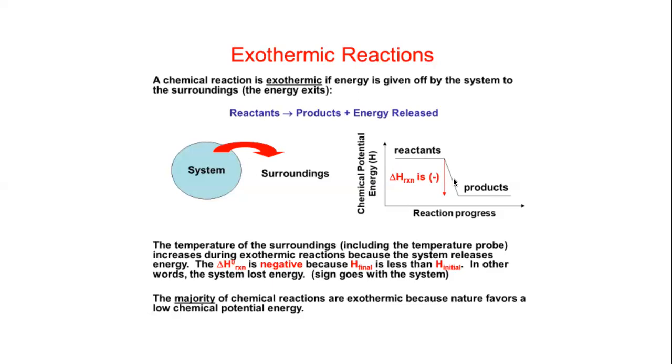And this is what it looks like to have an exothermic reaction. The majority of chemical reactions are exothermic because nature favors a low chemical potential energy. So this is the desired state: the energy of the products is lower than that of the reactants. So naturally in nature, we want to have the reactants yield products that also release energy.